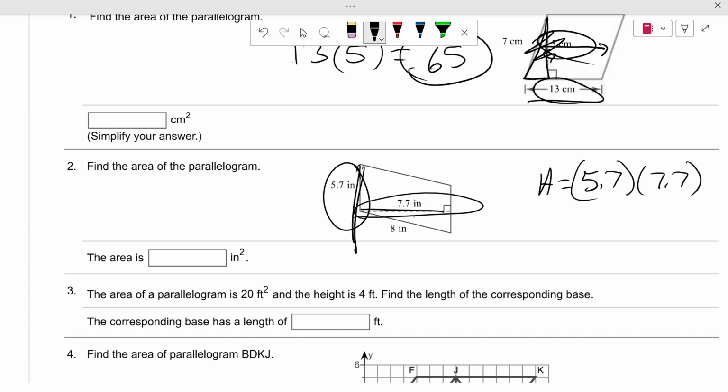They form a T. See how this forms a T? So when they form a T, they're perpendicular. So you have to use those two parts. Okay, that can be the height, and then 7.7 could be the base, if you want to do it that way. But it's just multiplication. You just multiply those two.